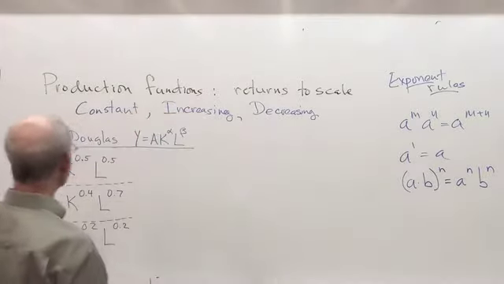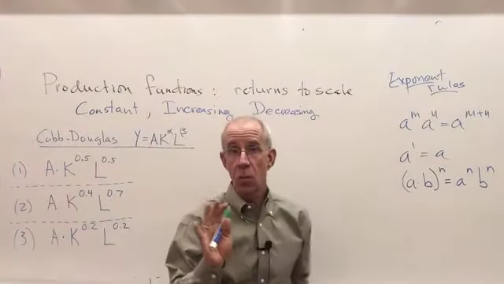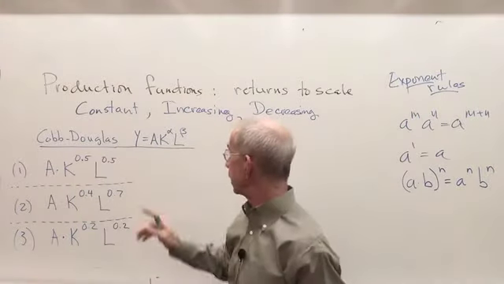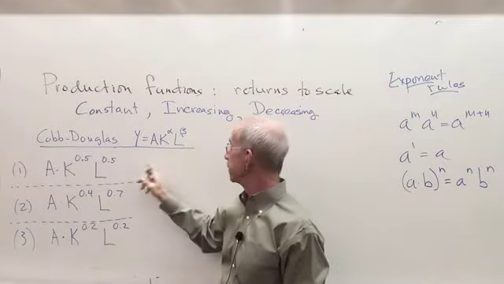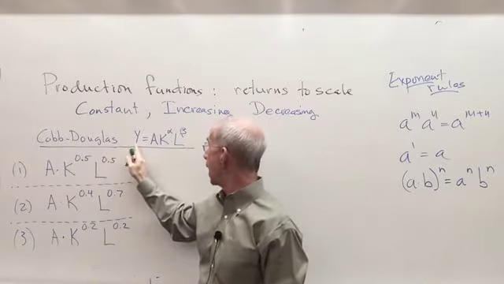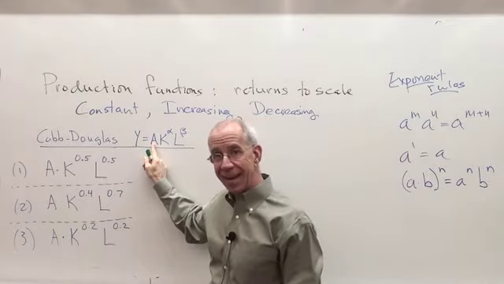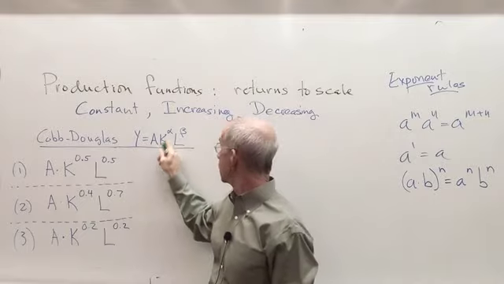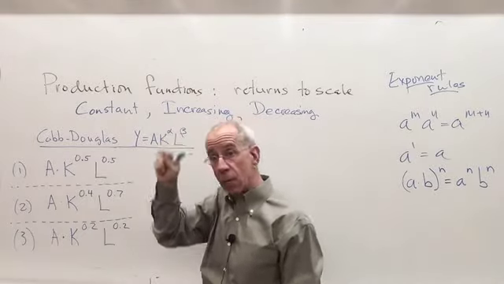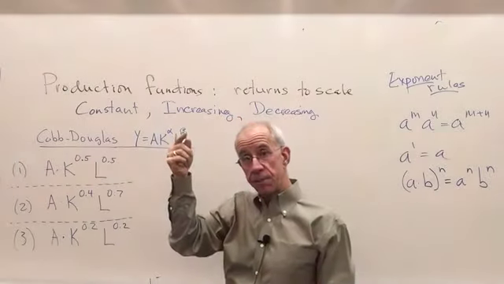And I'm going to do this in the context of a Cobb Douglas production function, which I've also described in a different video, that has this formulation where the output y is equal to some constant A multiplied times the capital usage raised to the alpha power multiplied times labor to the beta power.